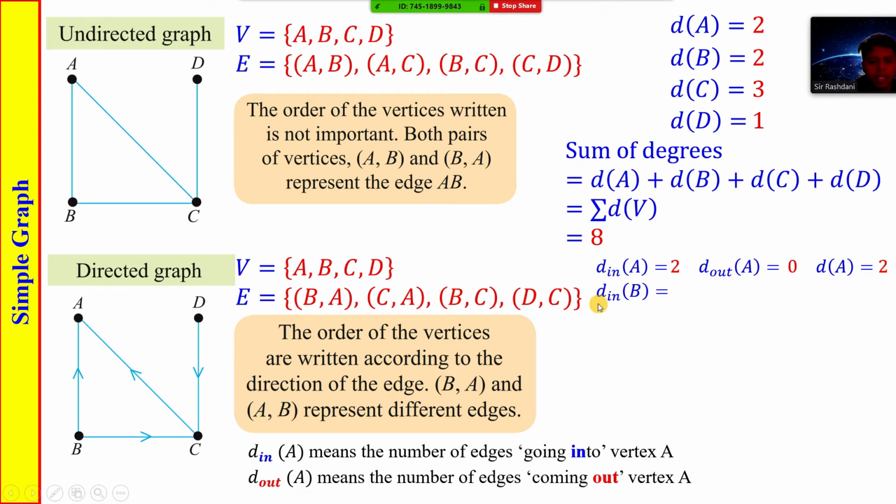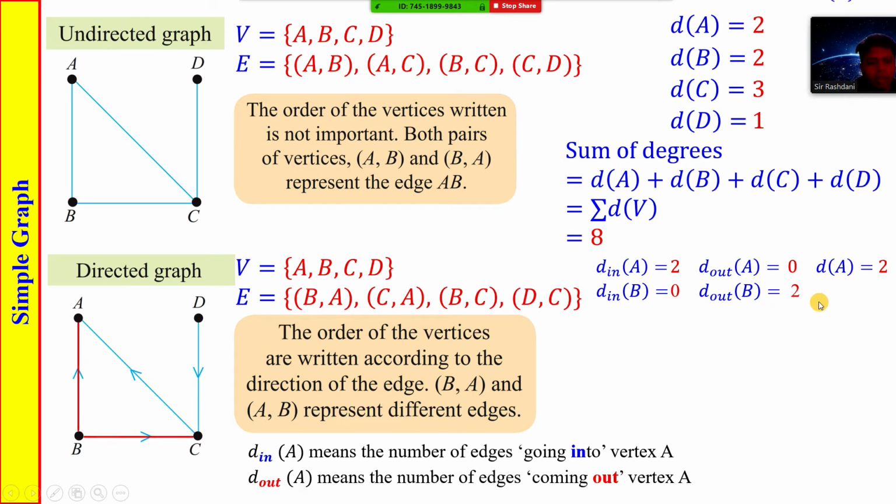And then for degree in B, in means into, right? Into B there is none, we just have out here, so we put 0. And then degree out of B, there are 1 and 2, so we have 2.